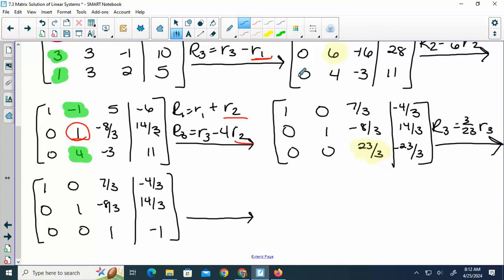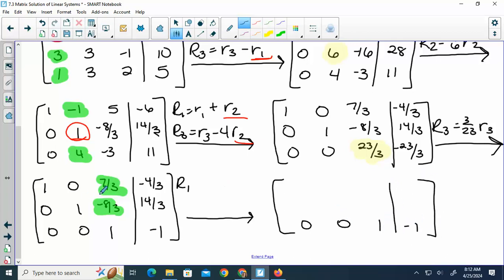So, last thing, we need both of these to be 0. So this should be our final matrix before I answer. The row that we are not changing is row 3. So we will add multiples of row 3 to get this.